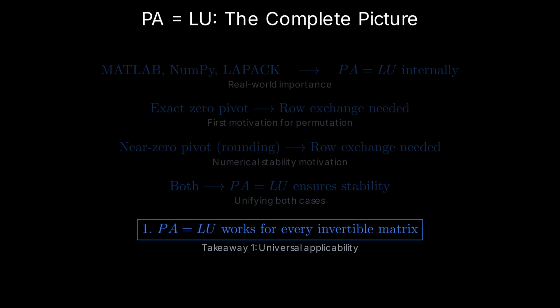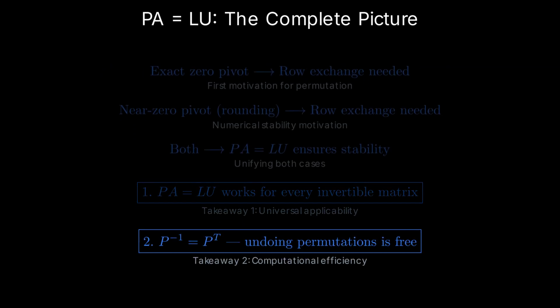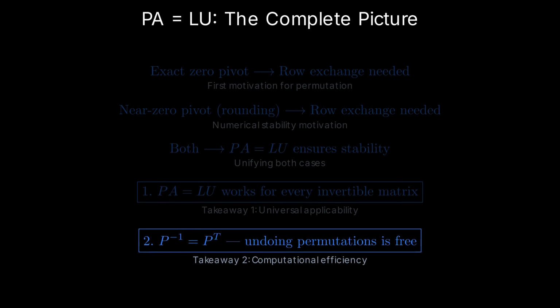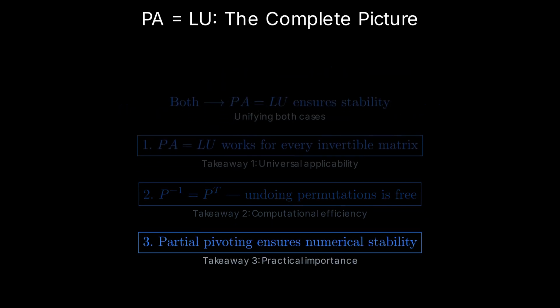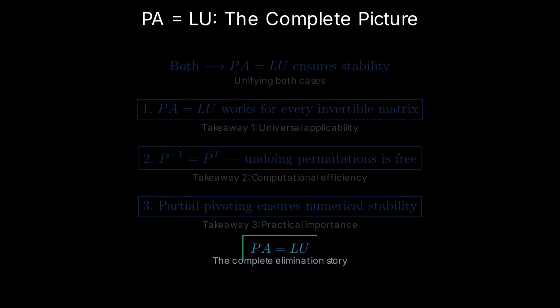First, PA equals LU works for every invertible matrix, no exceptions. Second, P inverse equals P transpose, meaning undoing a permutation costs nothing computationally. And third, partial pivoting ensures numerical stability in real-world computations. These three matrices, P, L and U, capture the complete elimination story for any invertible matrix. PA equals LU.